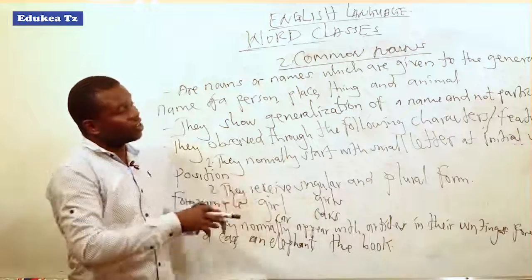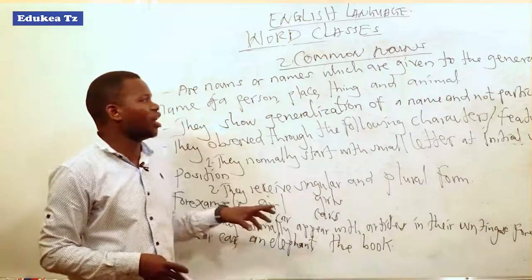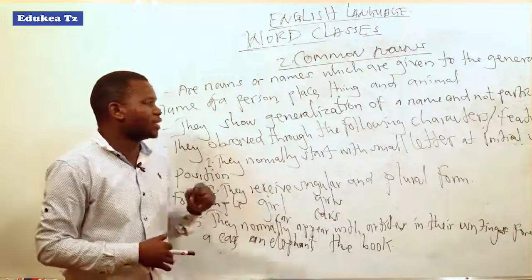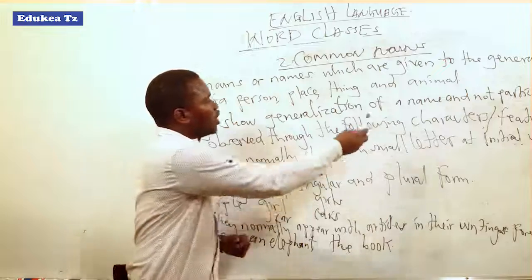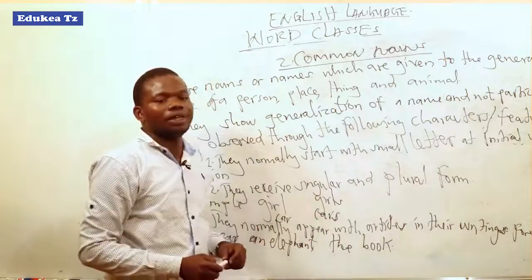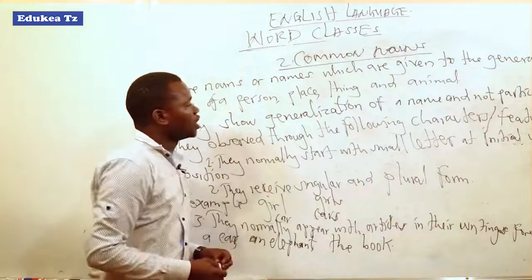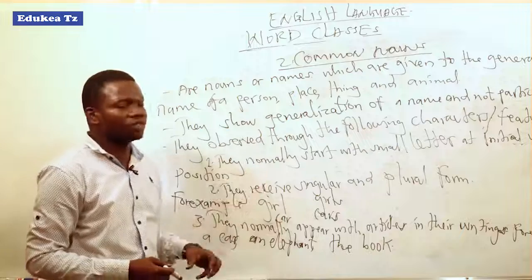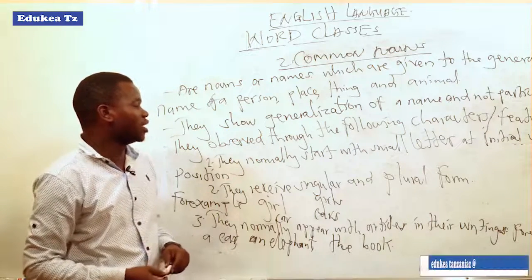So these are general names, different from a particular name. They show generalization of a name and not a particular one. They are observed through the following characters or features, so let us discuss them so that we understand them.